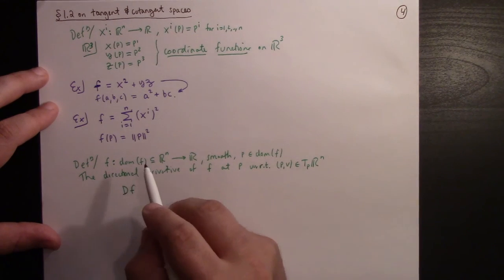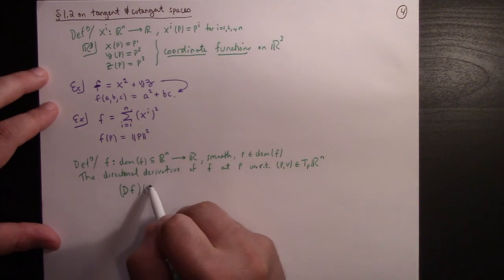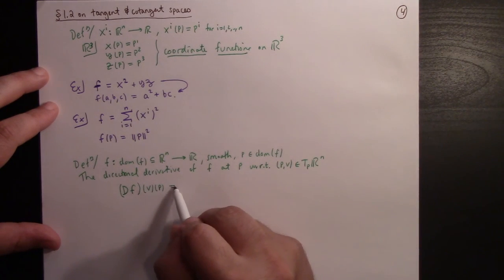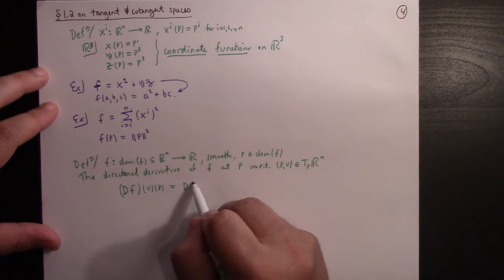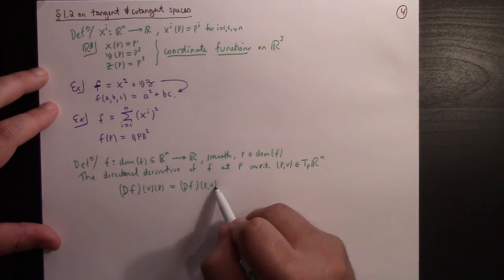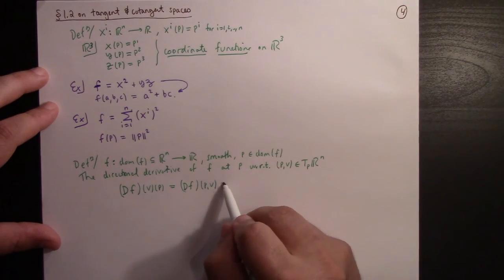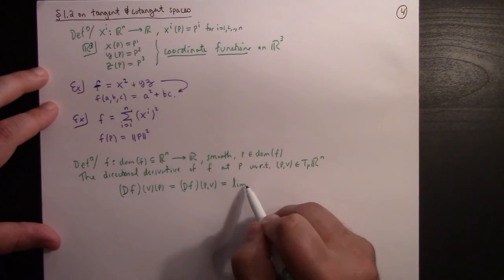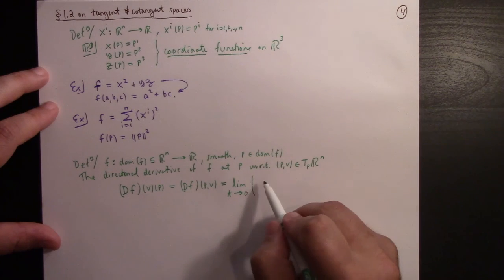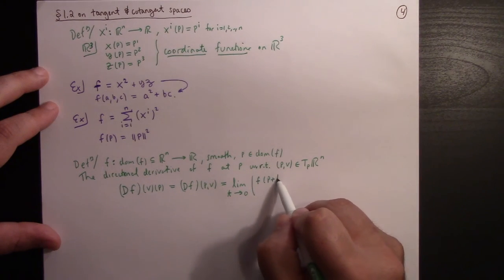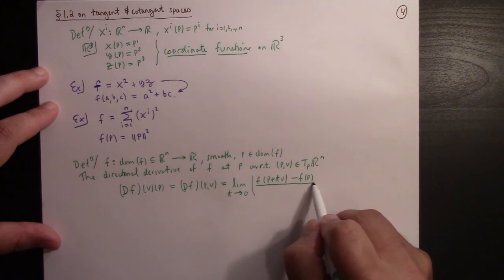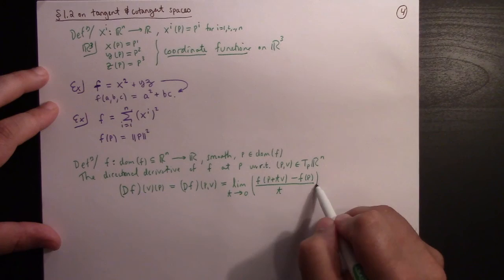So the df, that's the directional derivative of v at p, okay. So sometimes I'll just write this df of, we could write it df of (p, v). I mean, that'd be fine, whatever. Don't make too much of the notation here. Anyway, so limit as t goes to 0 of what? Well, of f of p plus tv minus f of p over t. All right, great.